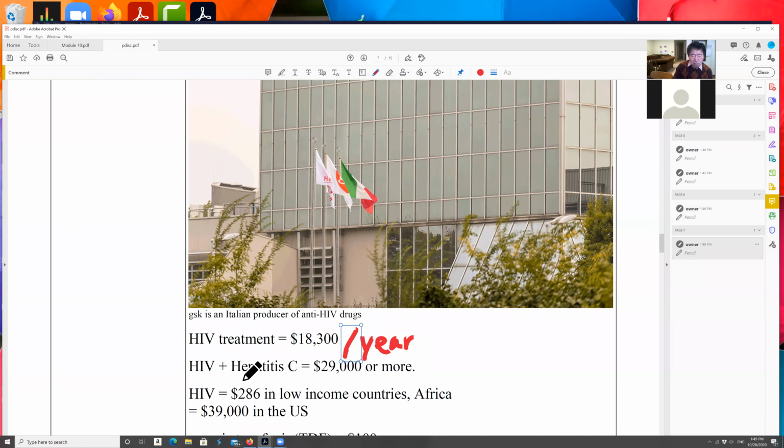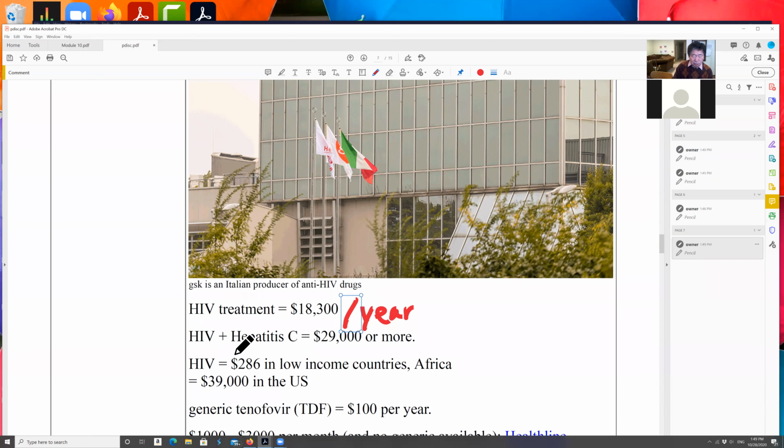If you want to include hepatitis C, that's going to cost about $30,000. HIV treatment costs less than $300 in low-income countries like those in Africa. But if you're an American, you're blessed. You will be paying $39,000 per year.